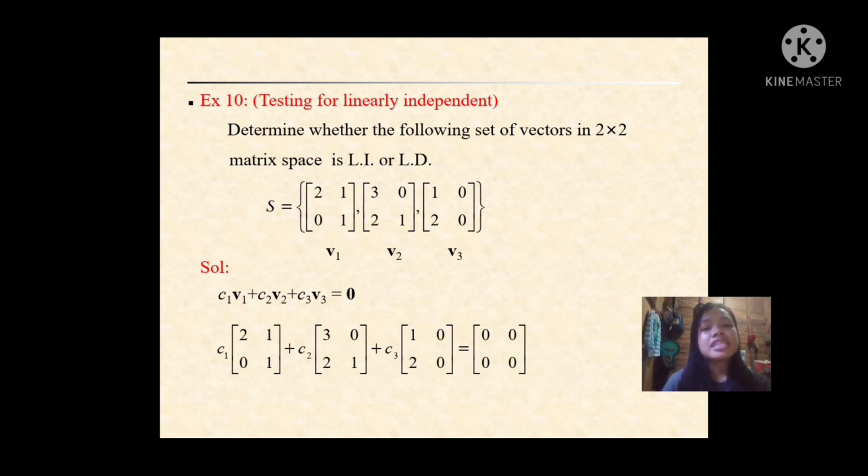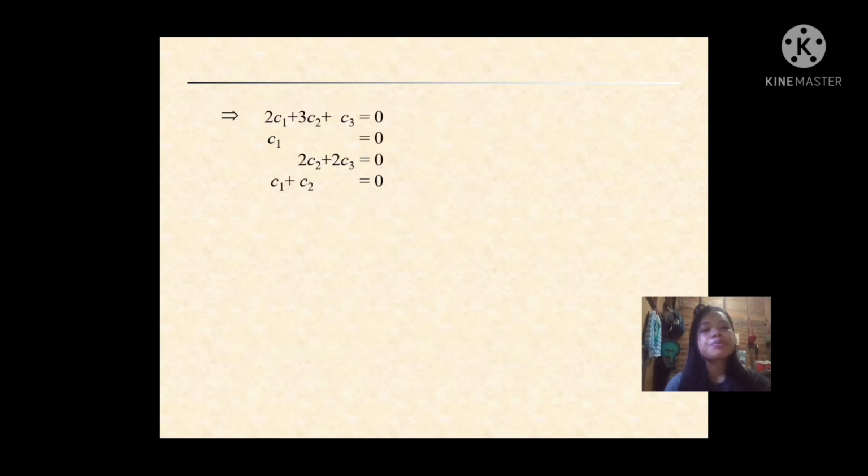Then c sub 1 multiplied by the first vector, plus c sub 2 multiplied by the second vector, 3 0 2 1, plus c sub 3 multiplied by the third vector, v sub 3, and this will result in the 2 by 2 zero matrix, 0 0 0 0.